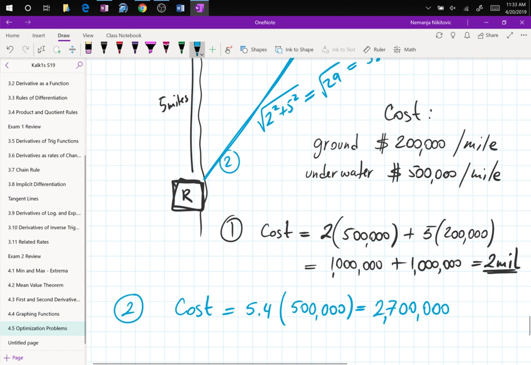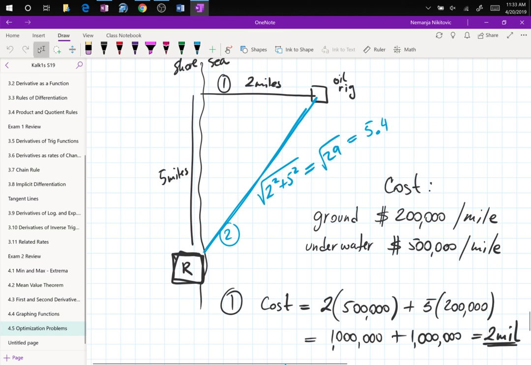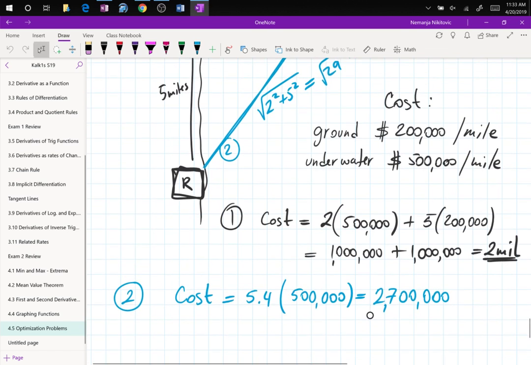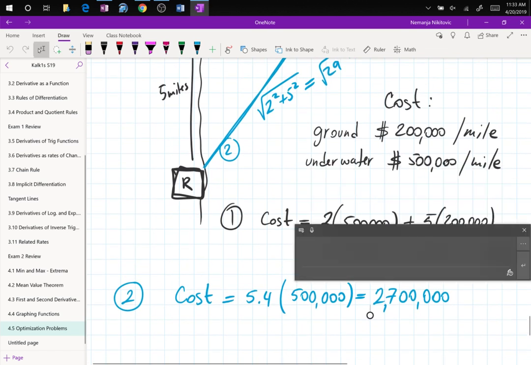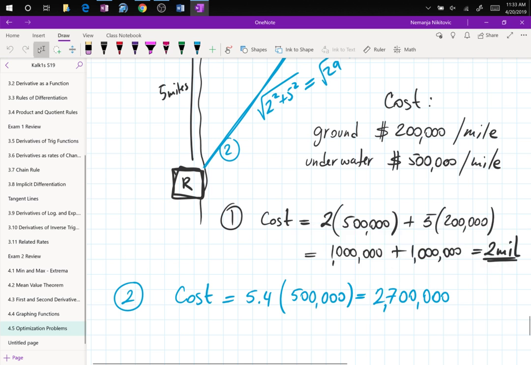So we're going to verify real quick. So this is what we have for the cost. Clearly, even though it is almost a mile and a half shorter to go directly there under the water, the higher cost just makes everything $700,000 more. We did not use calculus.